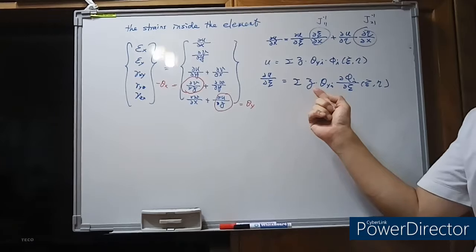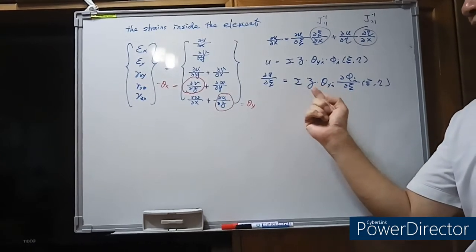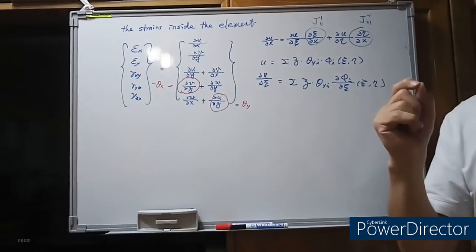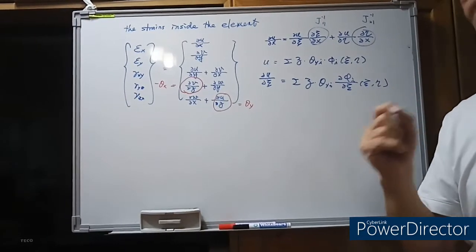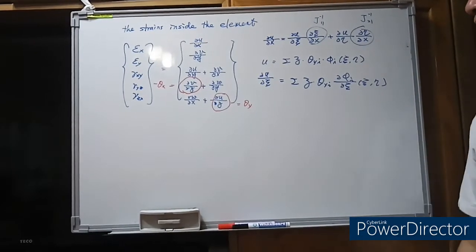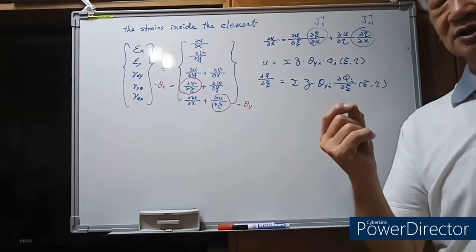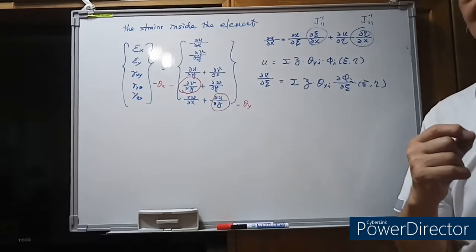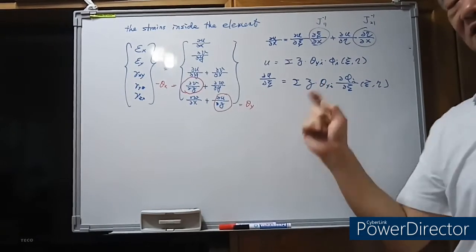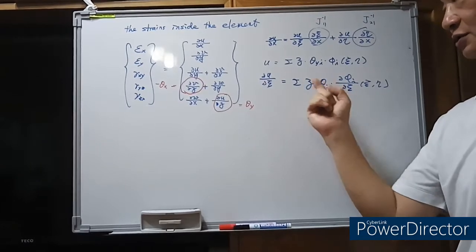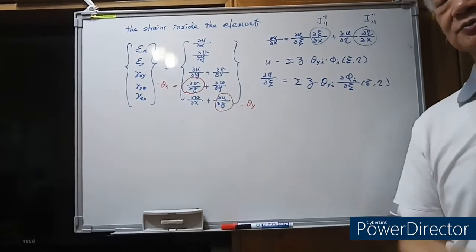But remember the z values, they are related to the points you need to consider for this element. The theta yi, they are the assumed nodal displacements. These two are not a function of the Xi, so we don't need to consider these two terms.